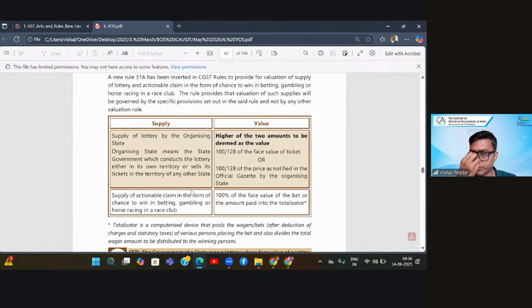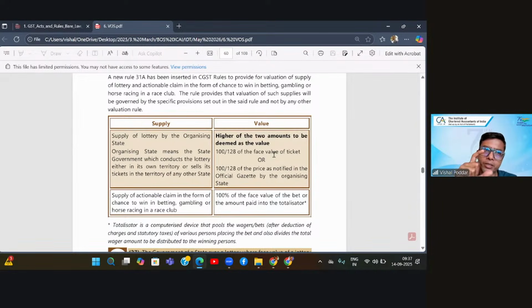So firstly, we are talking about supply of lottery and it is done by the organizing state. What is the state? It is the state government which is running the lottery. Now, where the state government is running the lottery, what will be the value? The value will be higher of the two amounts. First is 100 upon 128 of the face value of the ticket. What it means? See, let us say a lottery ticket is of rupees 500.